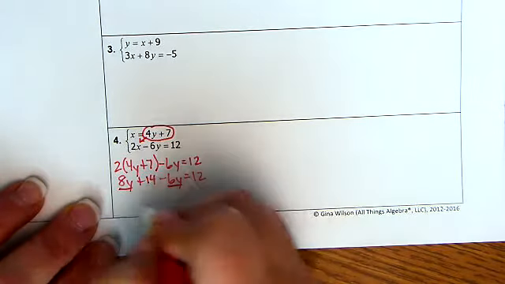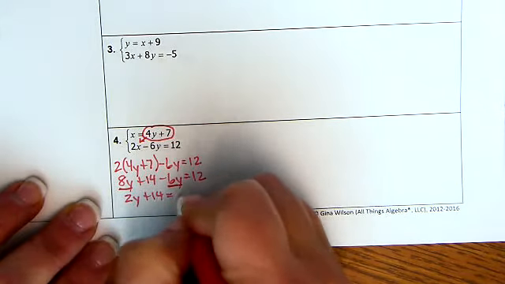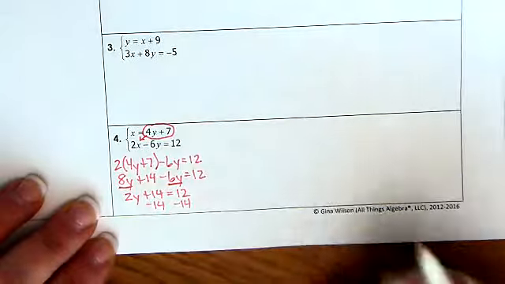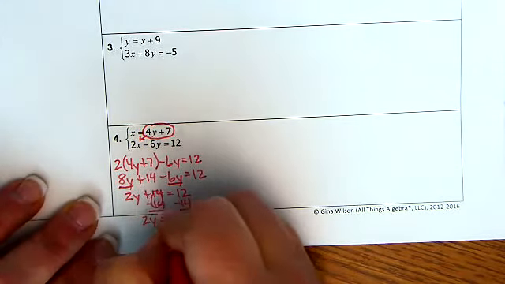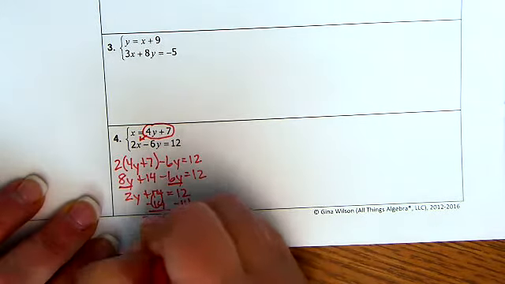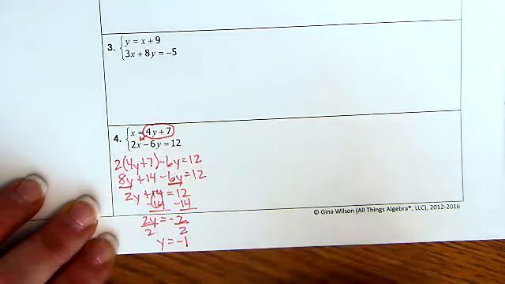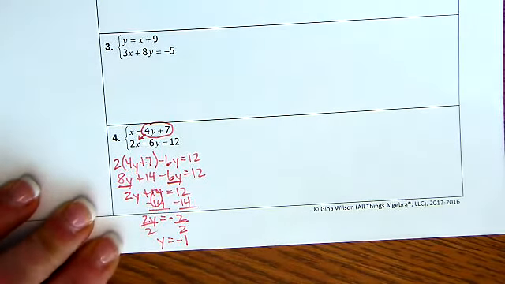Combine my like terms, and I have 2y plus 14 equals 12. Subtract 14 from both sides. This zeroes out, and we now have 2y equals negative 2. Divide by 2, and y equals negative 1. There we go.